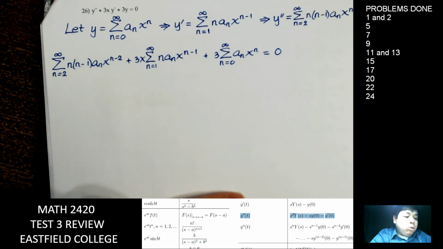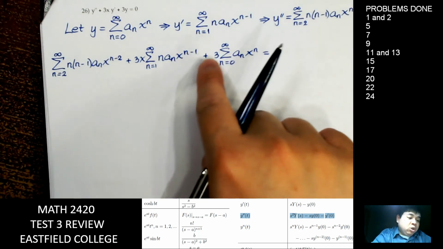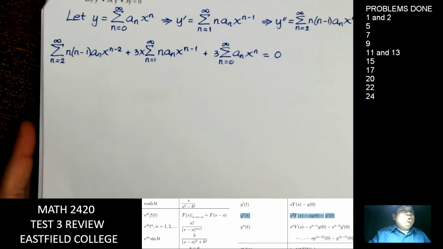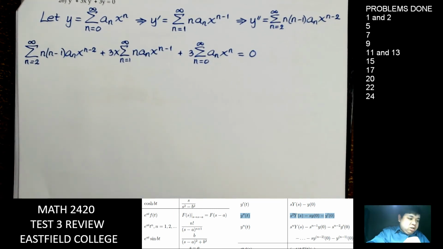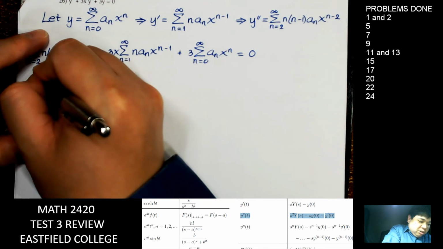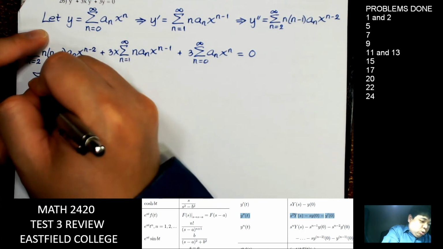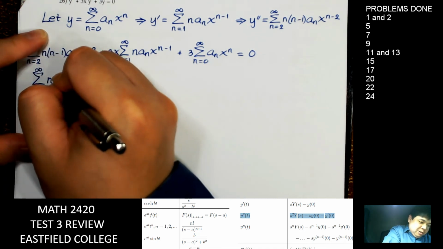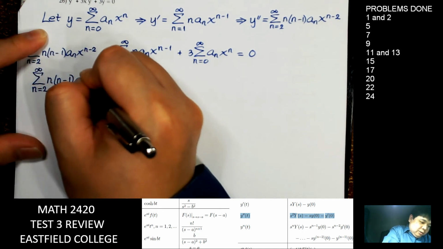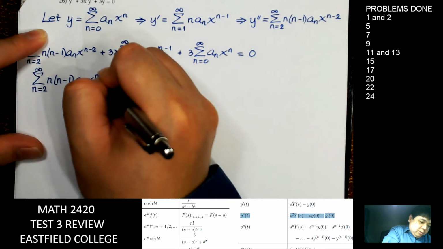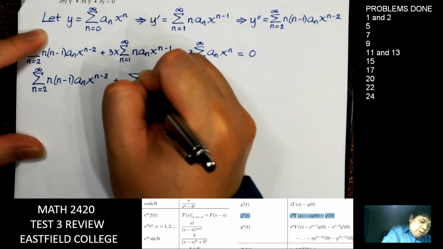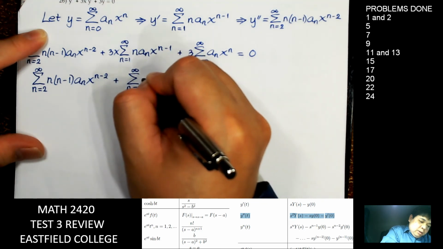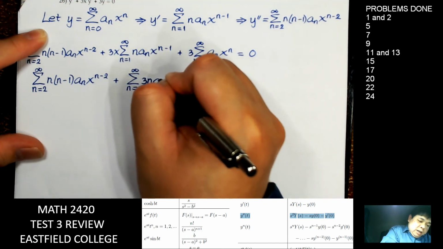Right, now we have 3 series. First, let's multiply the 3x and the 3 inside. So we just have the summation. So usually it is easier to pay attention to just everything after the summation, because we easily lose track of anything in front of it. We have 3n a_n.